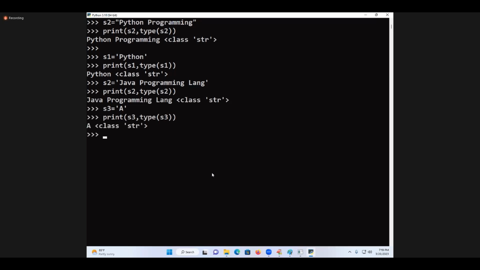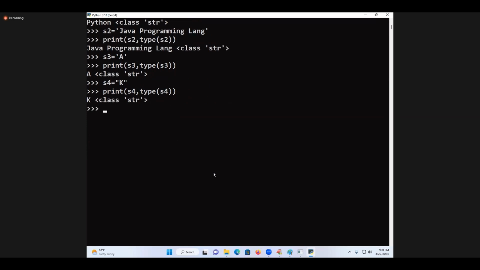So Python does not contain a char data type. Next, s4 is equal to double quotes k, double quotes. Print s4 comma type of s4. What is the answer? str. Are you getting my point? Yes.